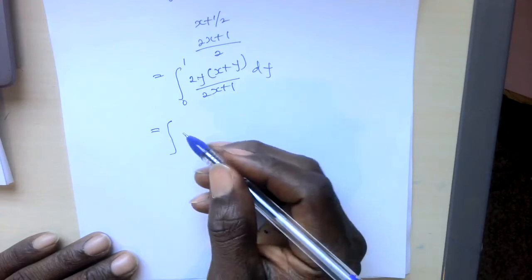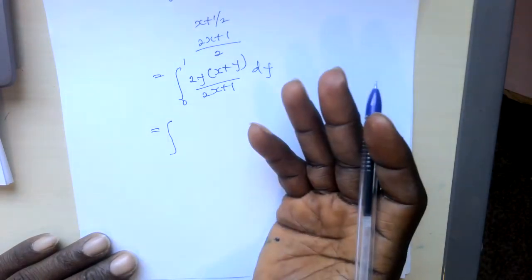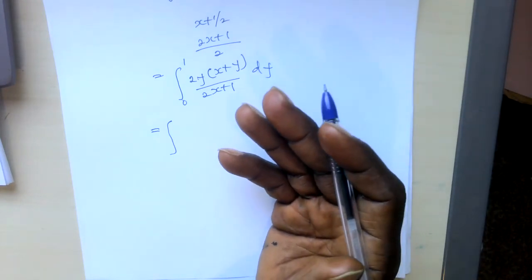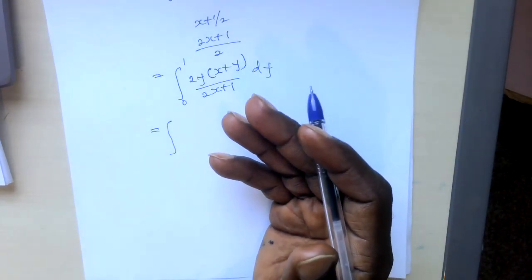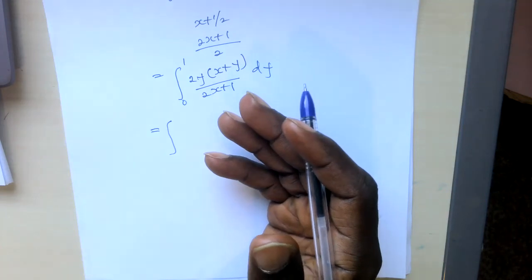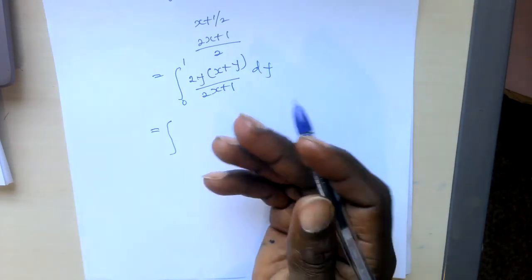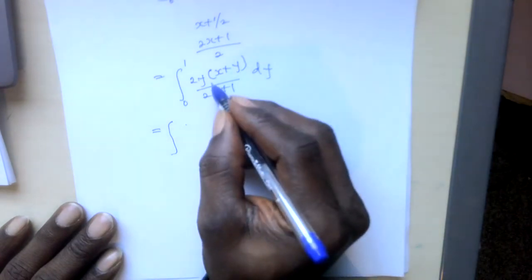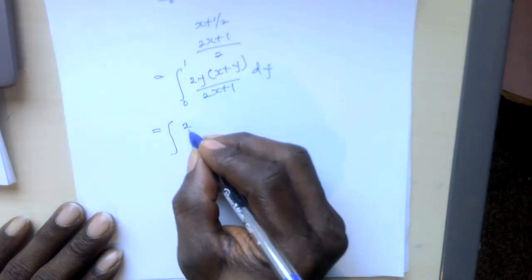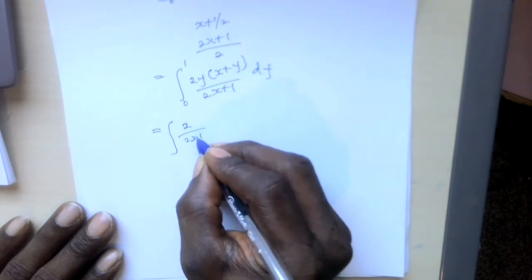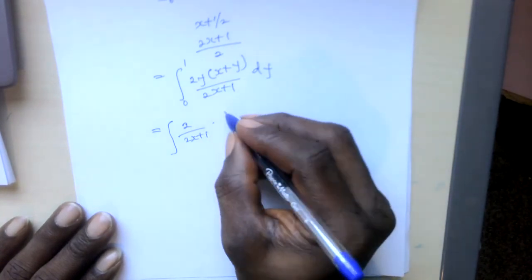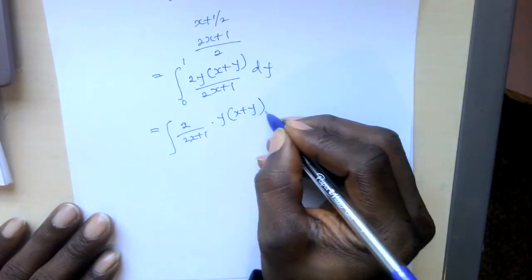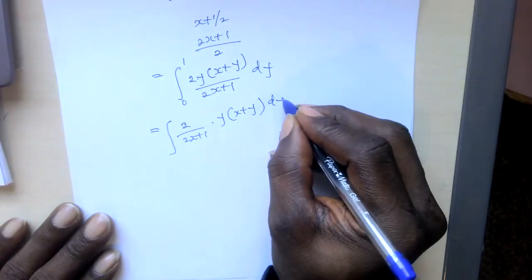So if you're integrating with respect to y, that means the x is seen as a constant, as long as the x is independent and not dependent on the y. So here, let's bring out the x. We have 2 over 2x plus 1 times the integral of y times x plus y dy.